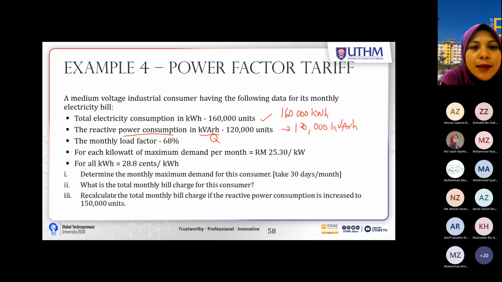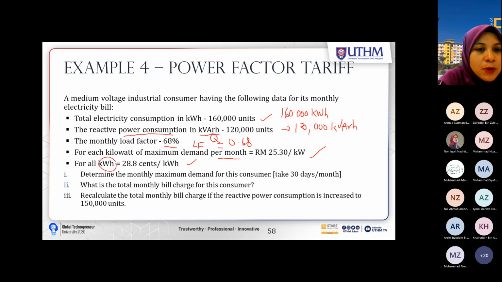And then there is a load factor of 0.68. And for each kilowatt of maximum demand per month, they charge RM25.30 per kilowatt. For the maximum demand. So for all kilowatt hour, your electricity consumption is 28.8 cents per kilowatt hour.